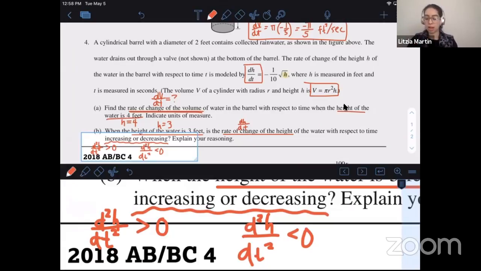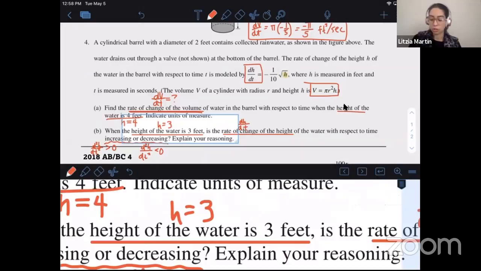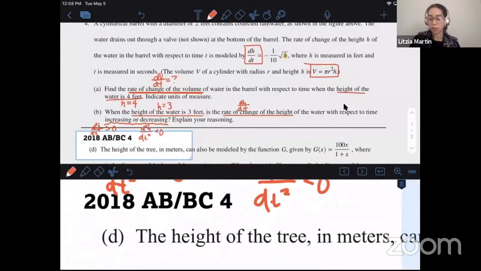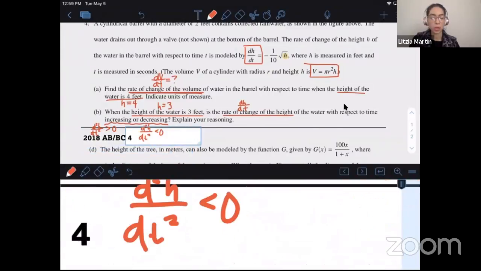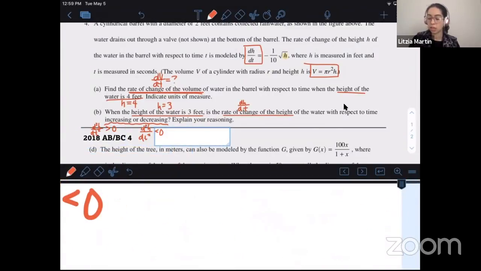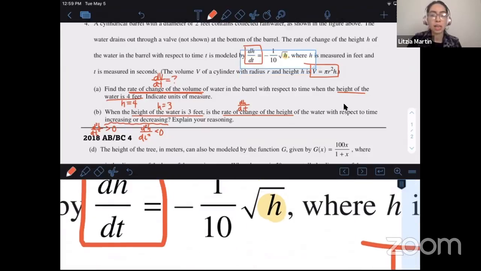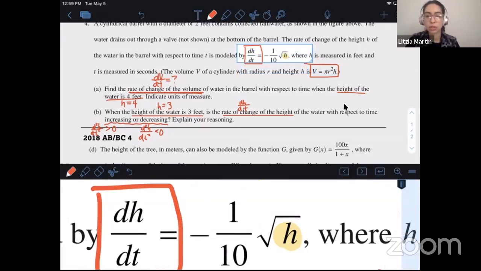Those are the two things that we have to check in order to determine if that rate is increasing or decreasing. So let's take a look at what we have. We were given a function here, dH over dt, so all we have to do is take the derivative of this, and that will give us the second derivative, because it's already dH over dt.